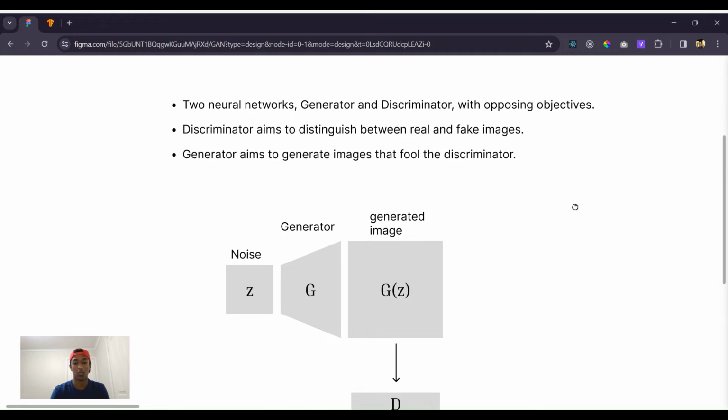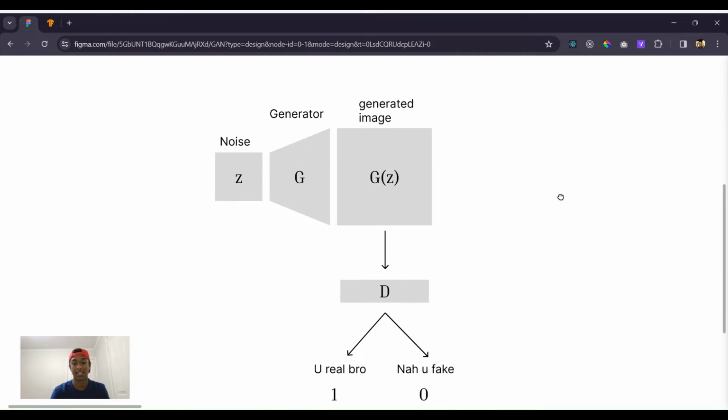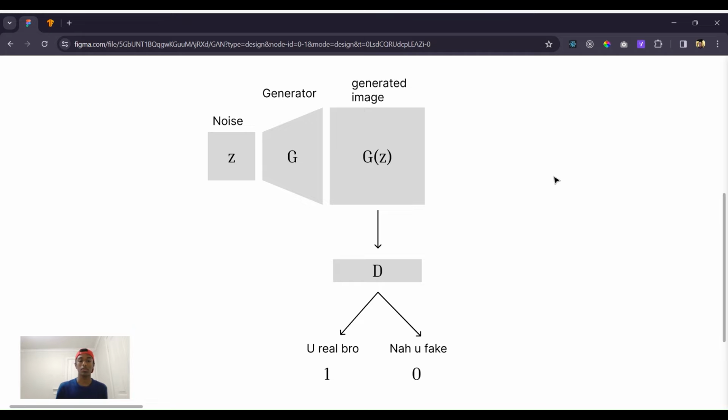I think it will make sense if we go through a diagram and see how this works. What the generator does is it takes some Gaussian noise and converts that into a generated image. For this whole video, we're going to be taking the example of horses. So we're going to train this GAN network to generate horses.